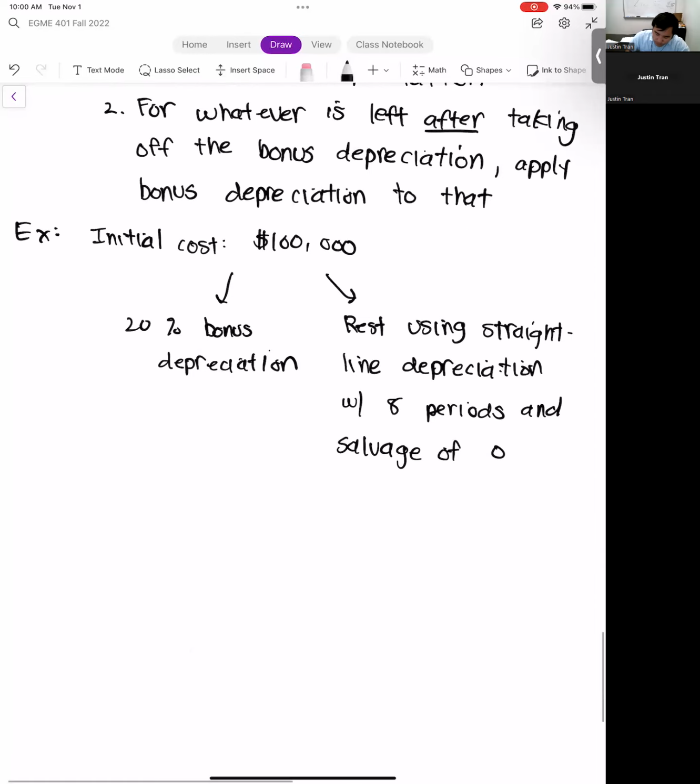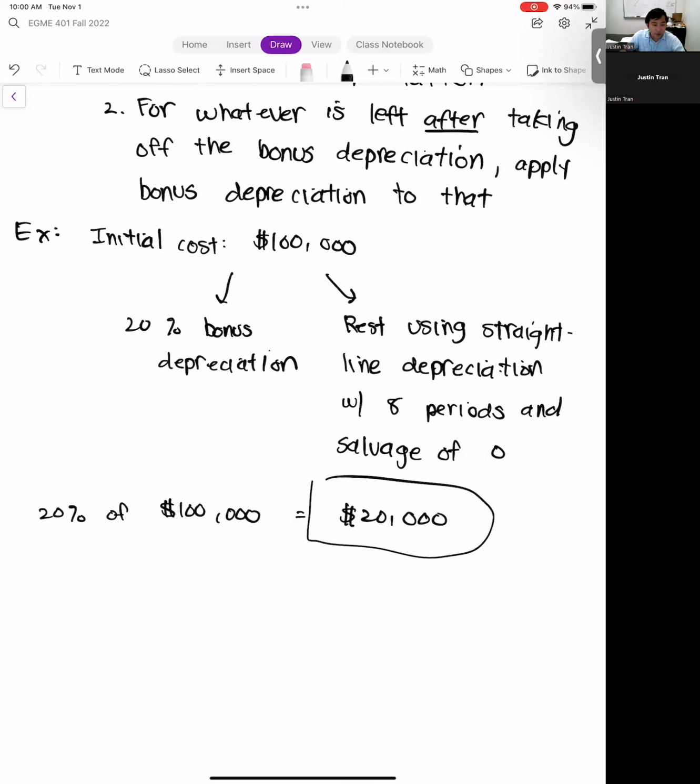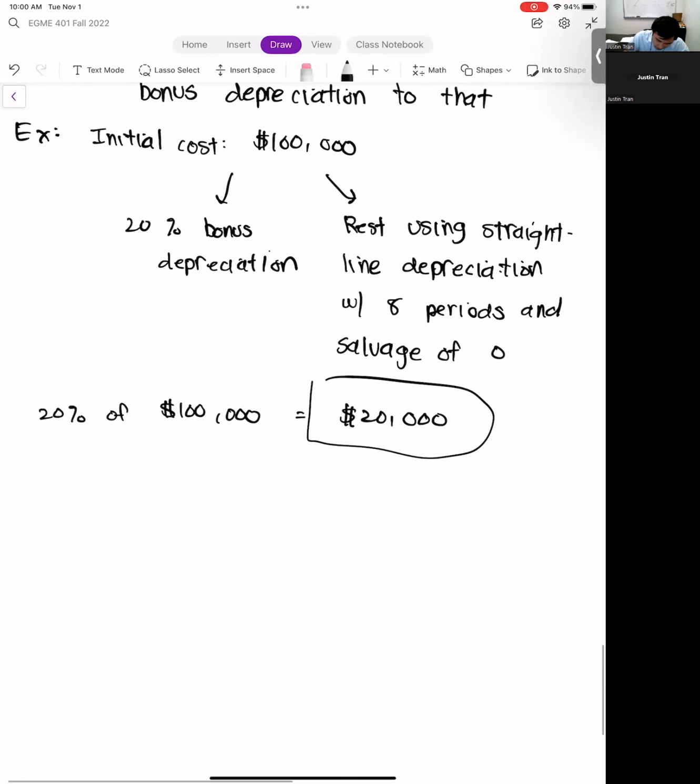To compute this depreciation schedule, first we take 20% of 100,000, and this is 20,000. Immediately, right off the bat, we're going to depreciate that $20,000 of value from this asset.